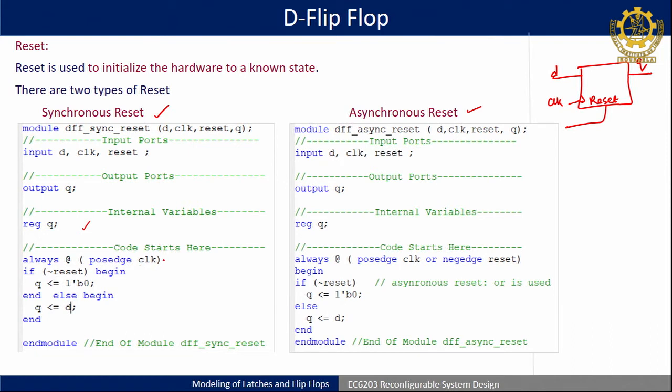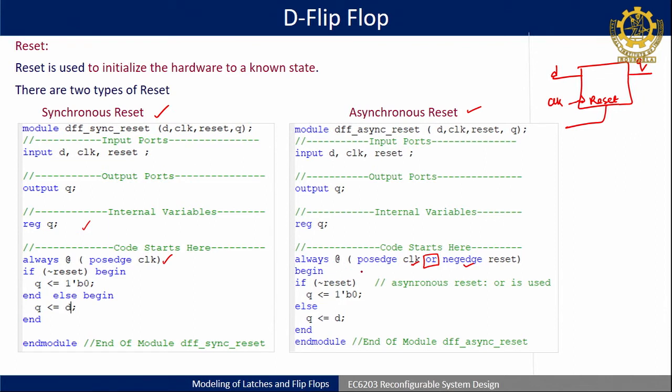Here we only have posedge of clock, but there we have both posedge of clock and negedge of reset. This is combined using an OR, that means OR allows reset to be independent of your clock. Let us first see the asynchronous part.